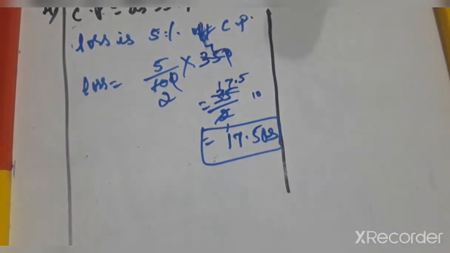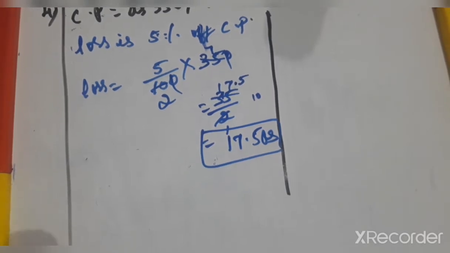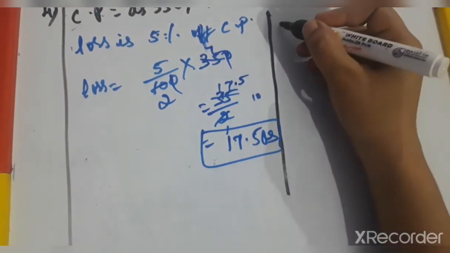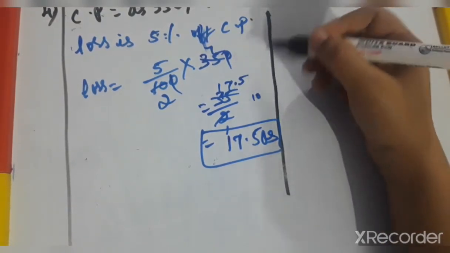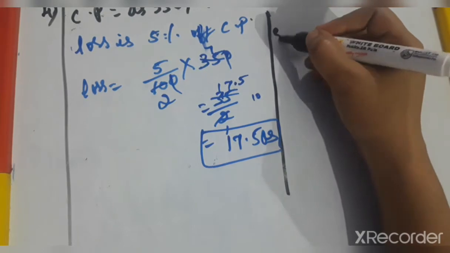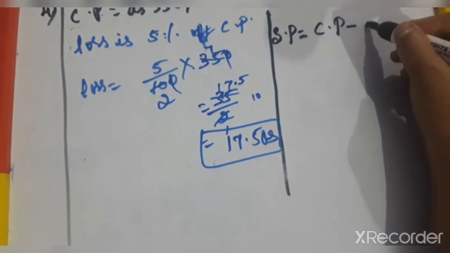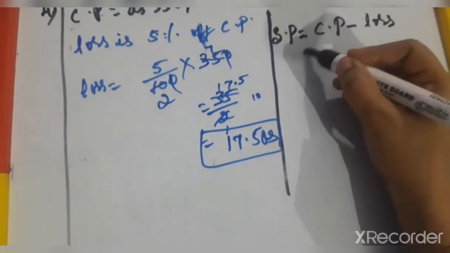Now we have to calculate the selling price. To calculate the selling price, we want the loss amount. So the loss amount we have now is 17.5. So now selling price equals cost price, and here profit or loss? Loss means minus loss. This is the formula.